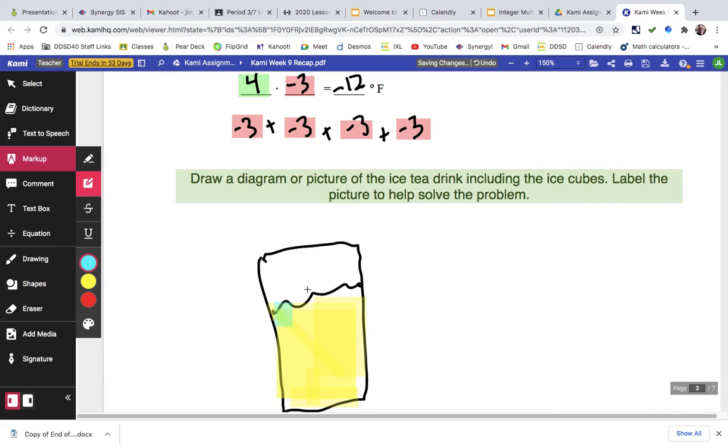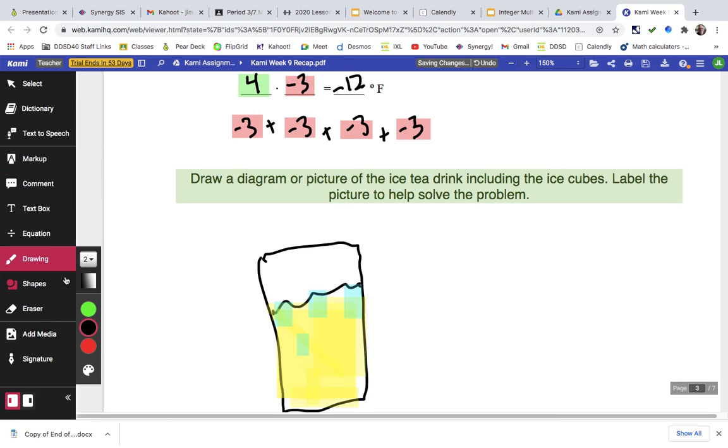So 1, 2, 3, 4. And then maybe on each of these ice cubes, I'll just put that each of them drops the temperature 3 degrees. And people had different ways that they drew that. And then in some classes, people shared their drawings.